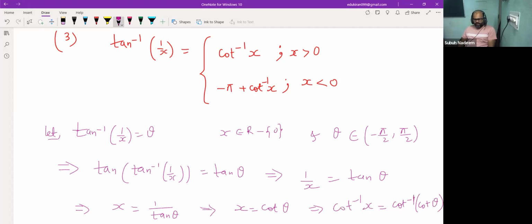First write till here, then we'll proceed. Here there will be a major situation which will come.